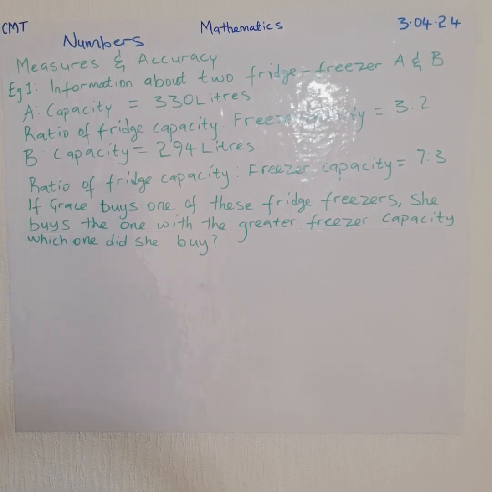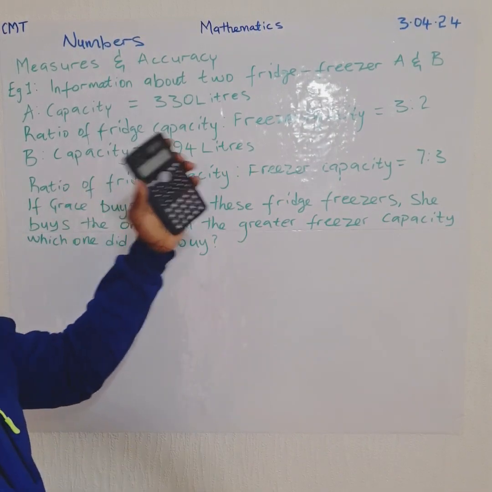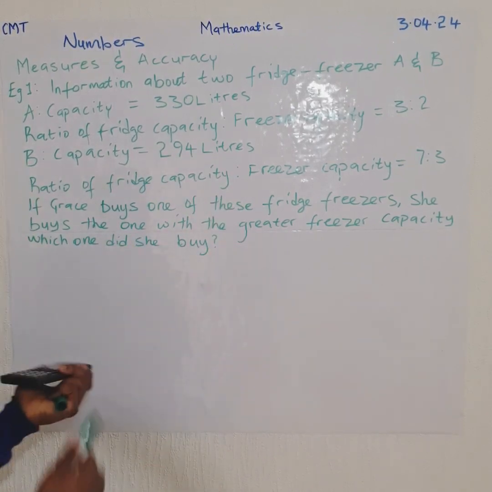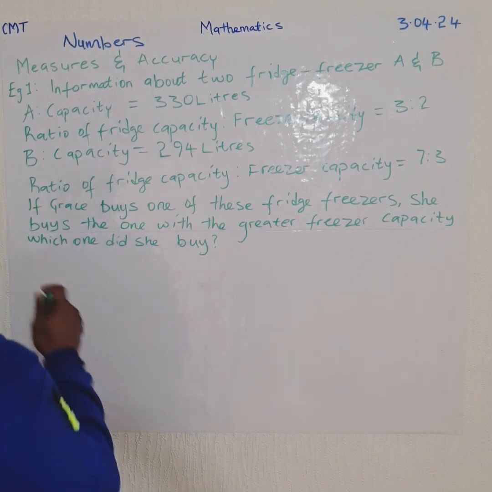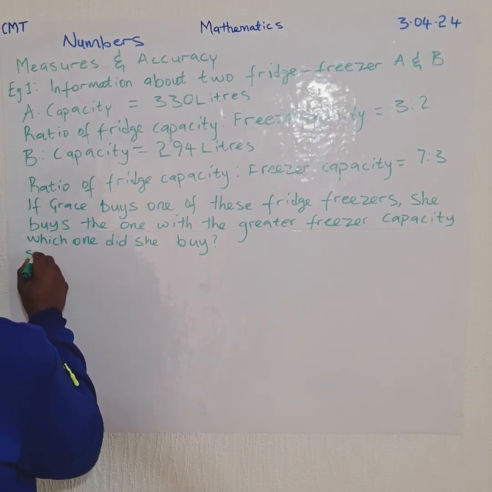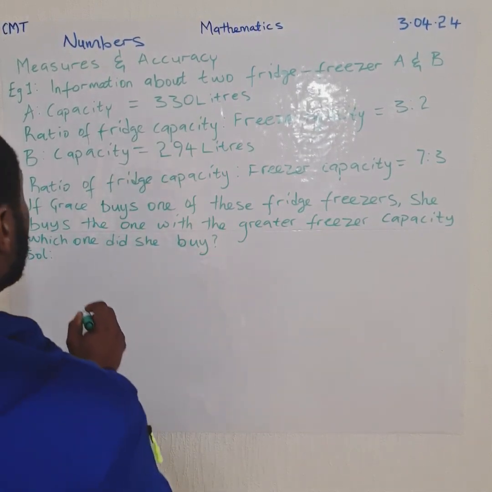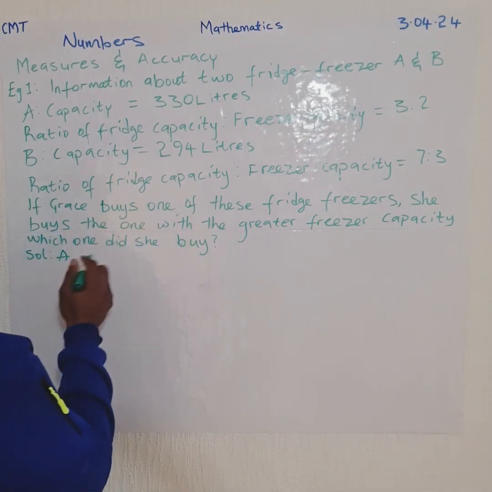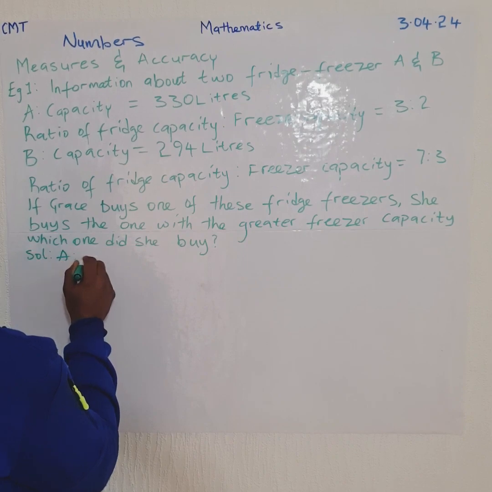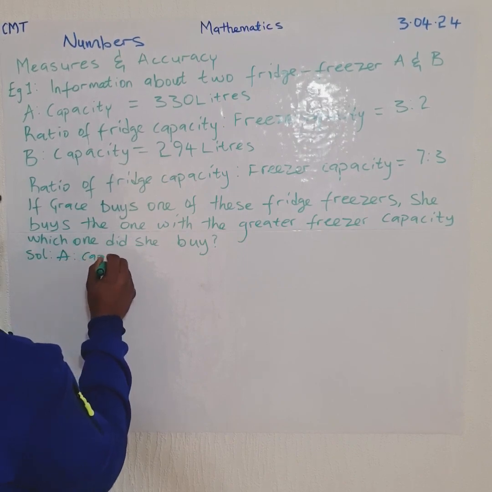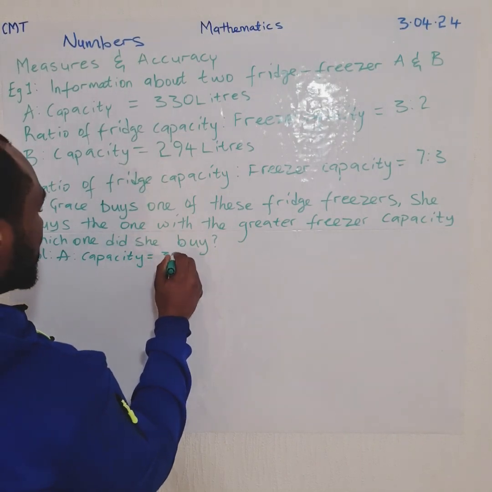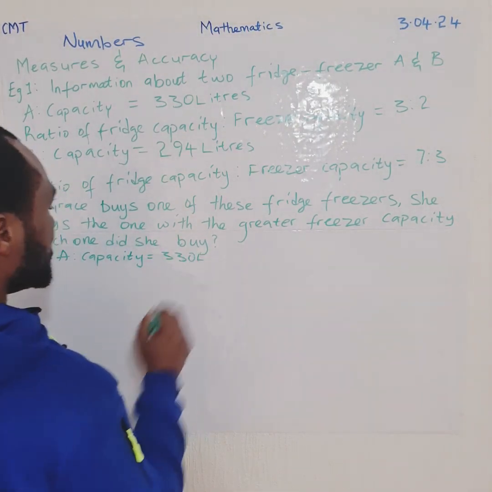We're going to solve it right away. To be clear, we're allowed to use calculators to solve this problem in order to be quick. So let's start. A capacity is equal to 330 liters.